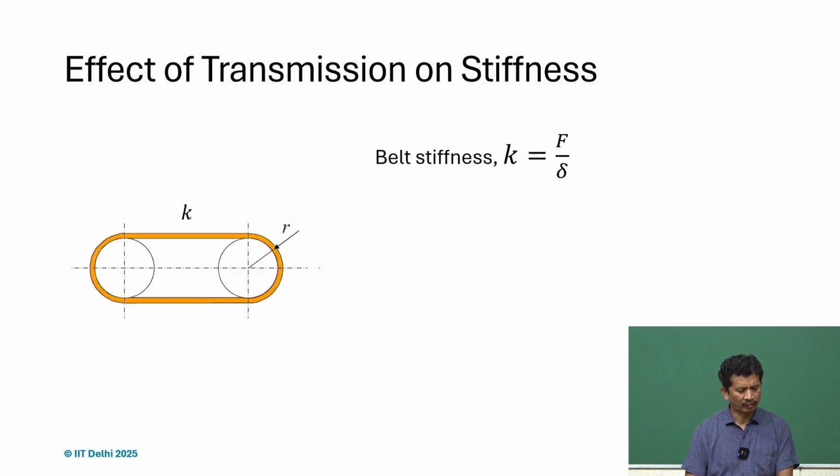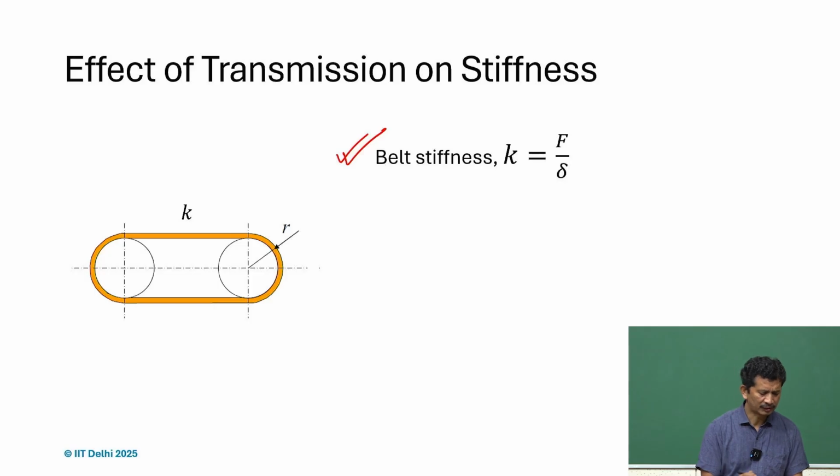One very good application is the belt transmission or the cable transmission. What happens if we put a belt or cable and pass it over different sizes of pulleys? We are just talking about belt stiffness, but it also applies to any kind of cables or wires.